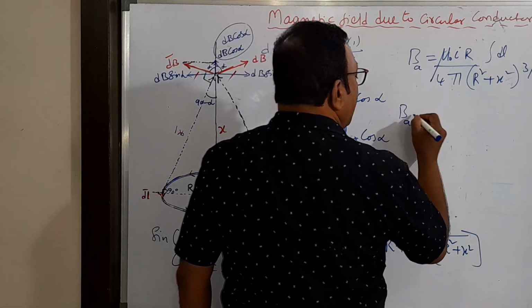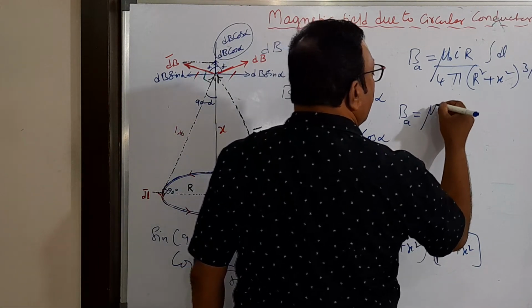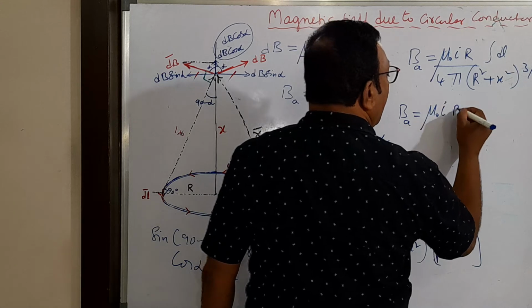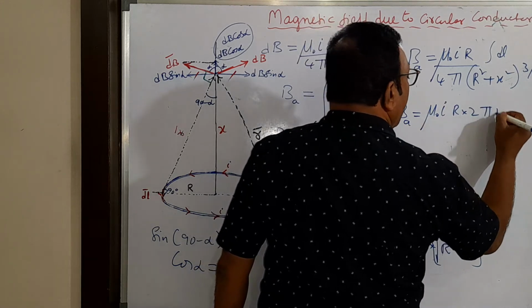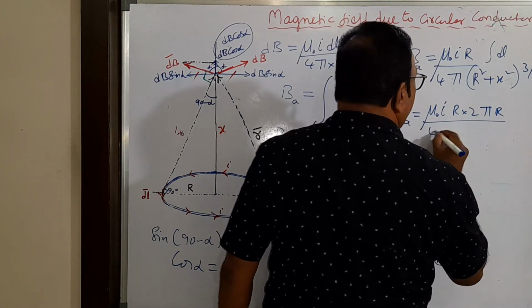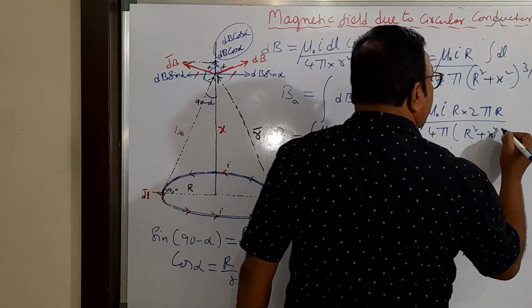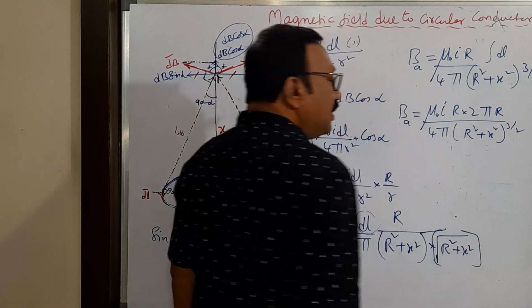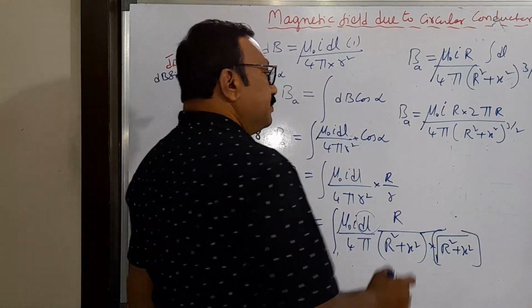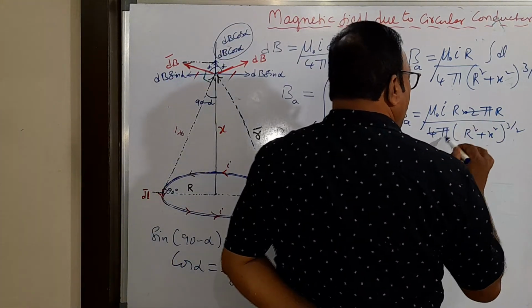So B axial is equal to mu naught I r into 2 pi r divided by 4 pi into (r squared plus x squared) whole to the power of 3 by 2. So 2 pi will go 2 times.